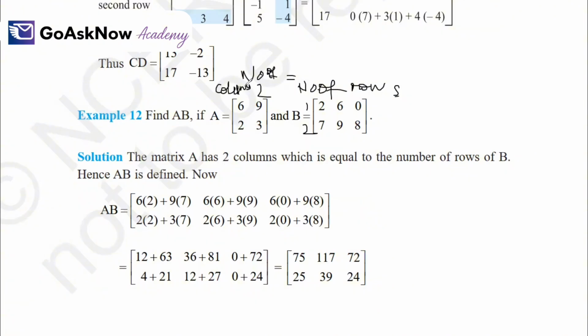So just multiply the corresponding rows and columns of the first and second matrix, and you will get the result.